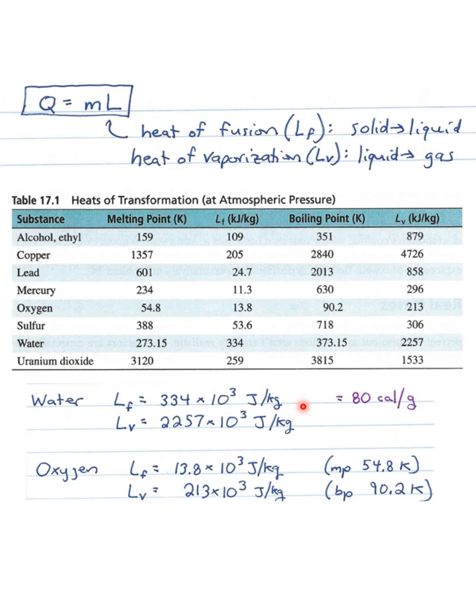The heat of vaporization of water is 2257 kilojoules. So 2257 times 10 to the third joules to boil every kilogram of water. Again, that assumes it's already at the boiling point. In this discussion, we're not even talking about raising its temperature to get it up to boiling point. This is simply to boil it.